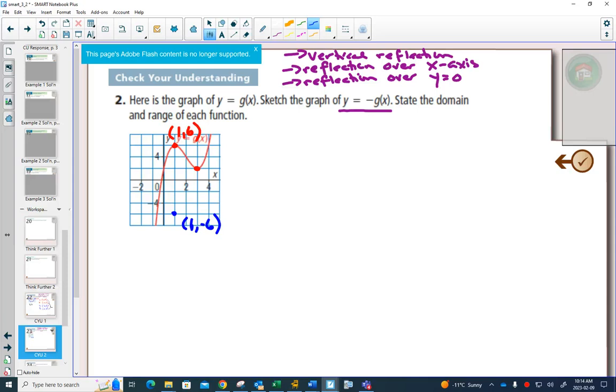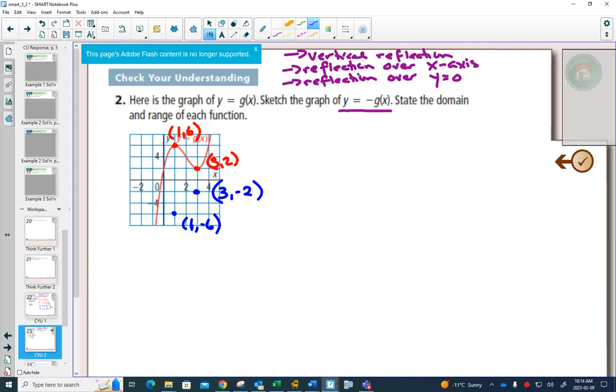And 3, 2 would become 3, negative 2. So we see the negative is outside the function.